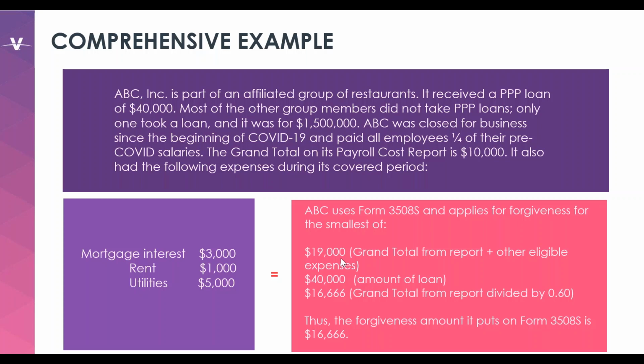Now, I want to stress that this result would be the same even if ABC had used the long process and the long form, except that they may have had an even worse result. In other words, they could not have gotten more than $16,666. They might, though, have suffered an even worse fate because it looks like they had some kind of a bad wage reduction here, and they probably had FTE reductions as well.